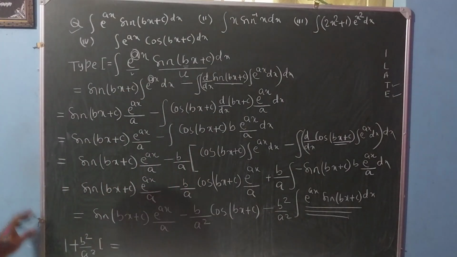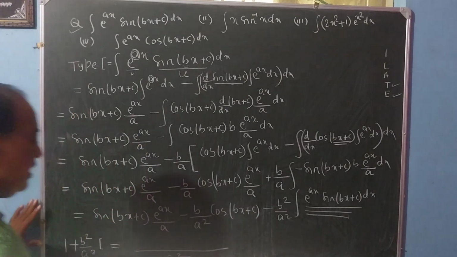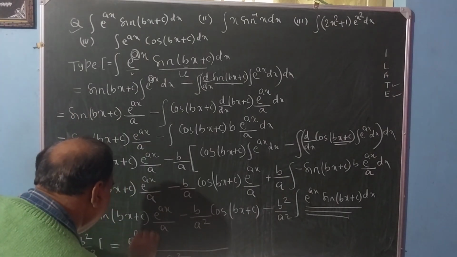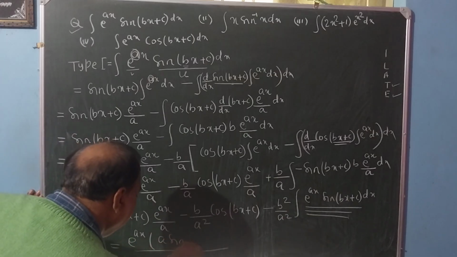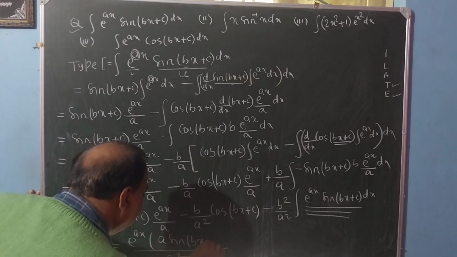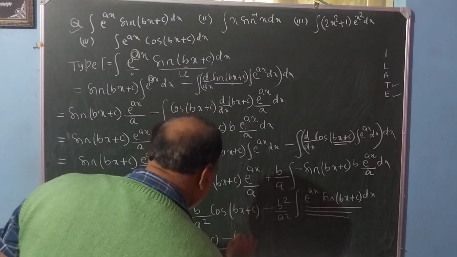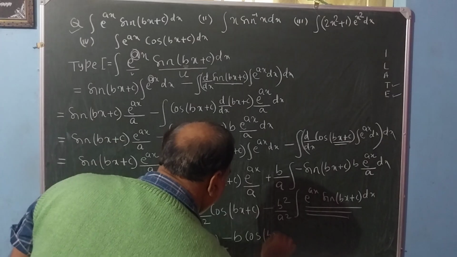So take the LCM, a square. e to the power ax common, so a sin(bx plus c) minus b cos(bx plus c).